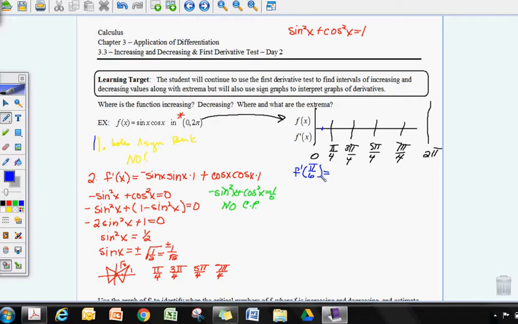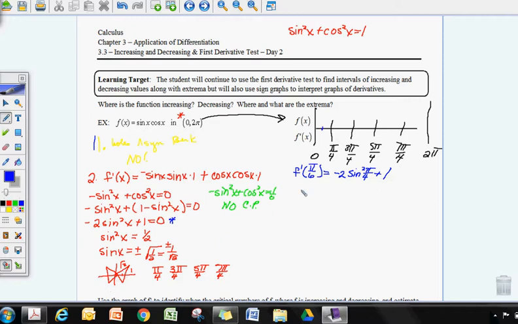So in my derivative, I'm going to have negative 2 sine squared of pi over 6, and I'm going to add that to positive 1. Okay, I took this form of my derivative. If you wanted to put it into the cosine squared, it works too.